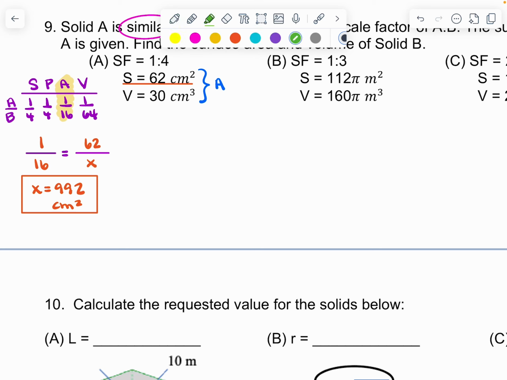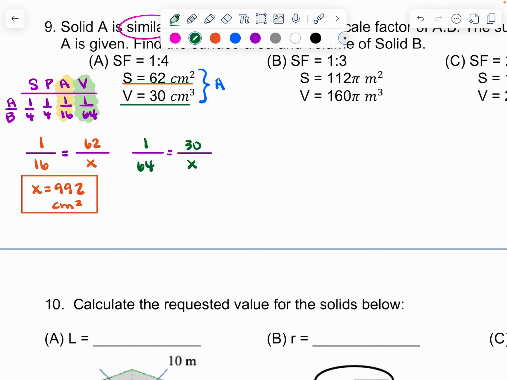All right, but then for solid A, we are going to be finding the volume, which means I now need to be using the volume formula in my proportion. So I'm trying to color code this. I know that the 1/64 has to be in there.